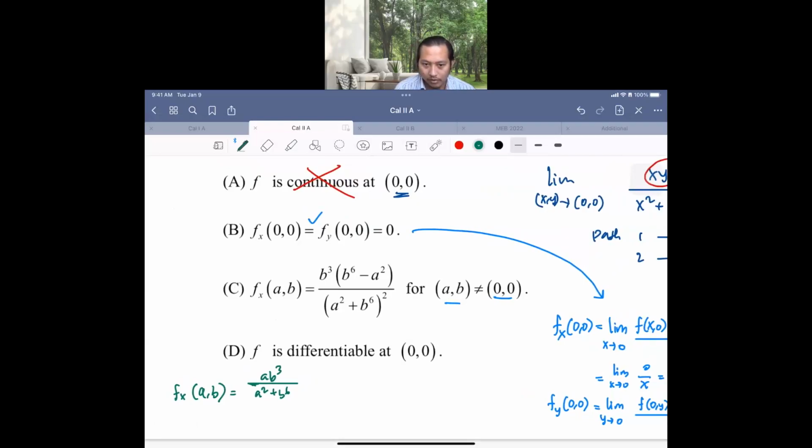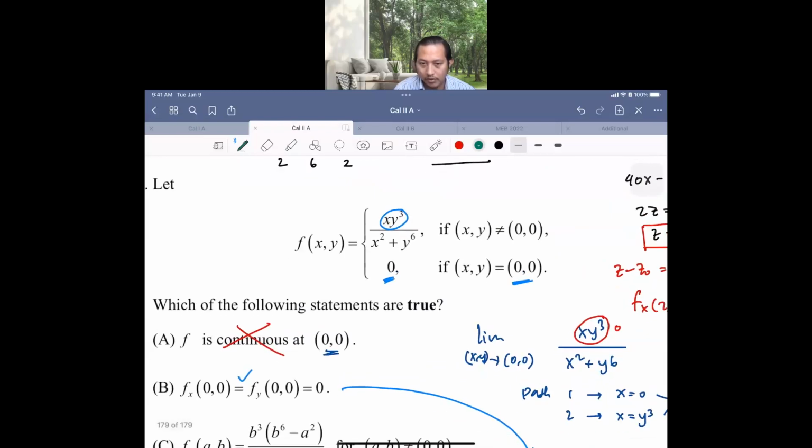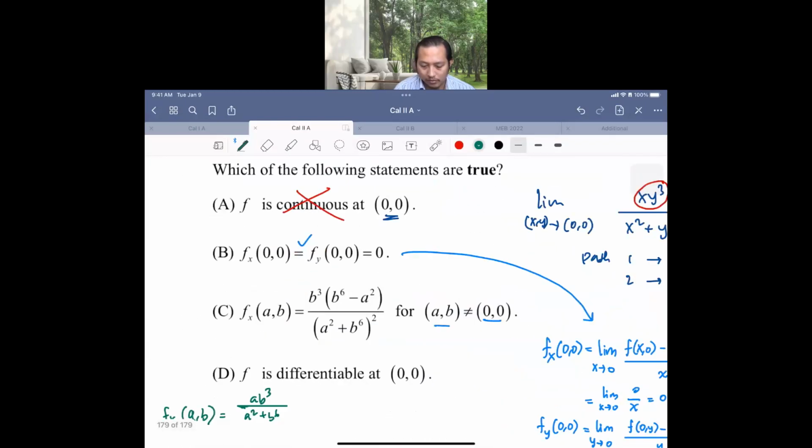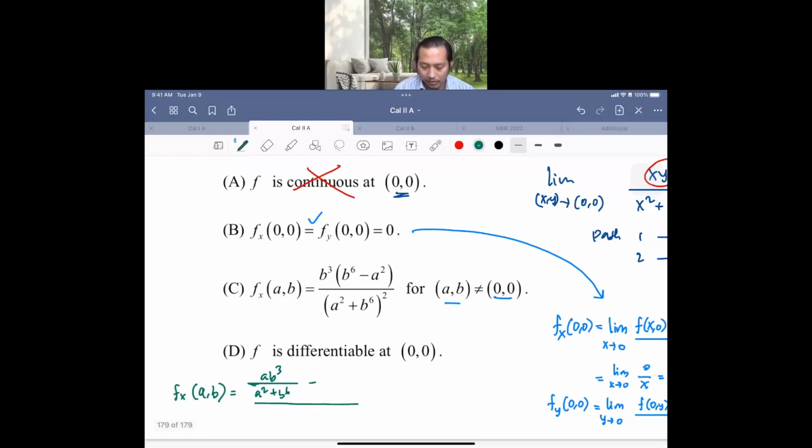And then A squared plus B to the sixth, minus this A squared plus B to the sixth.